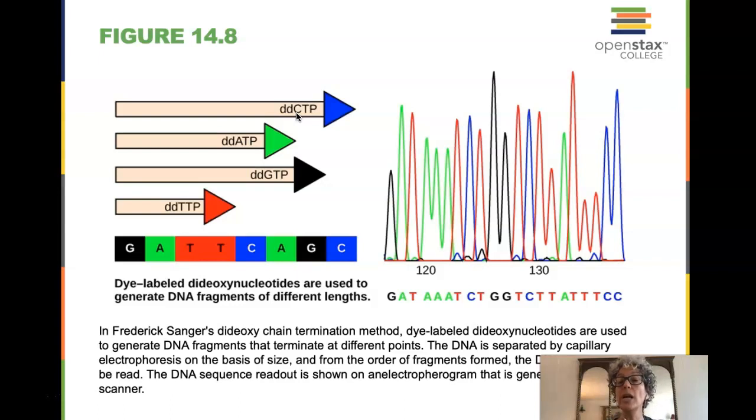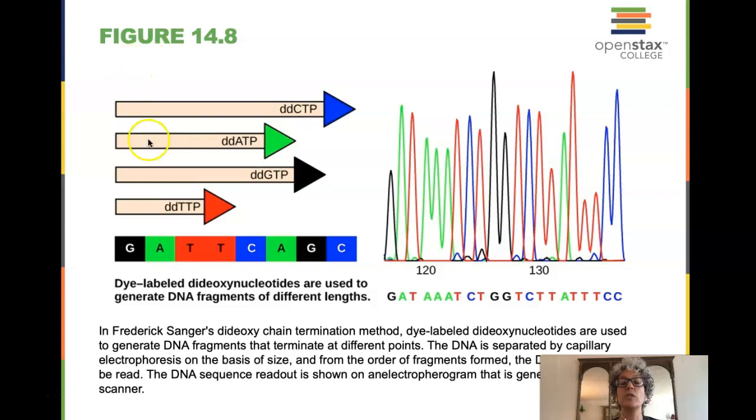If there's only a hydrogen at that 3' carbon, then we cannot build any more nucleotides on that. It will terminate the replication. It will terminate the chain. So Sanger sequencing is also called chain termination.